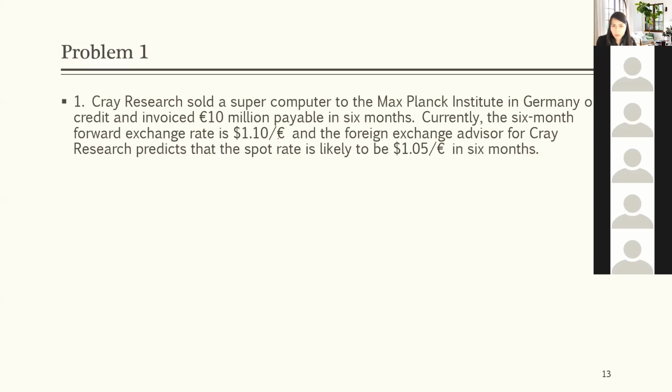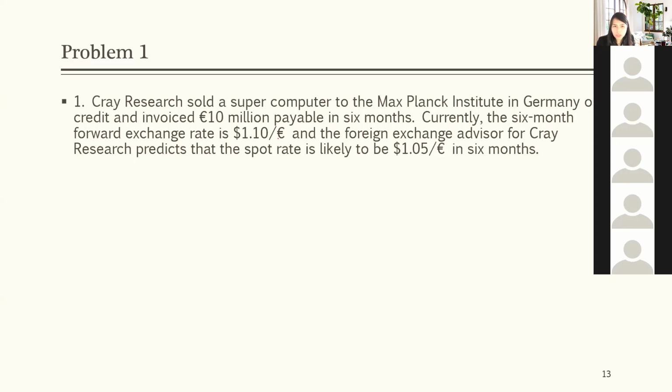So let's start with problem one. In problem one, we've got a company that have just sold something to another company, to a foreign partner. And so for this sale, they invoice 10 million euros, right? Payable in 6 months.